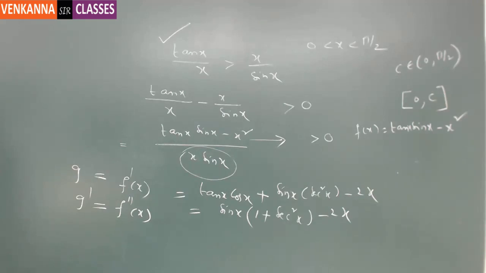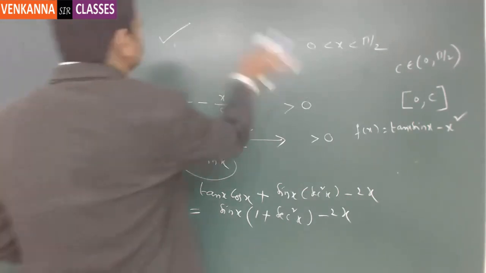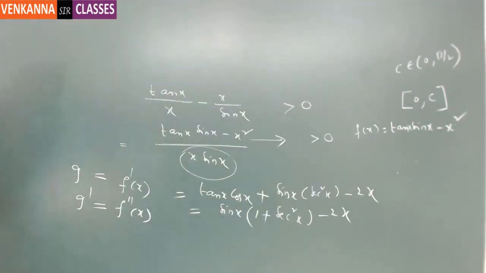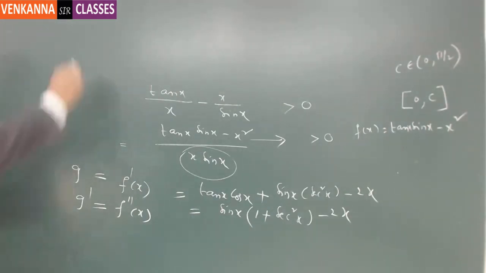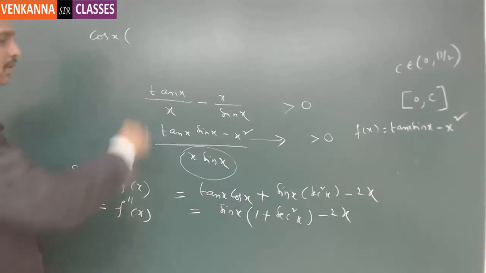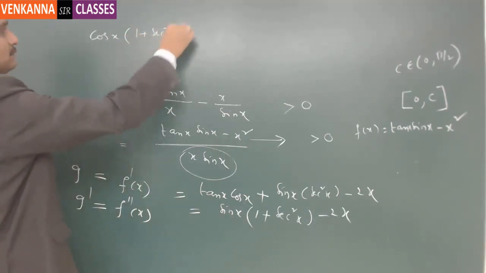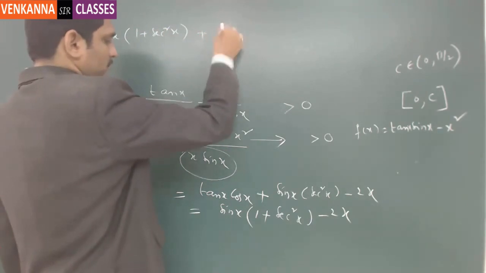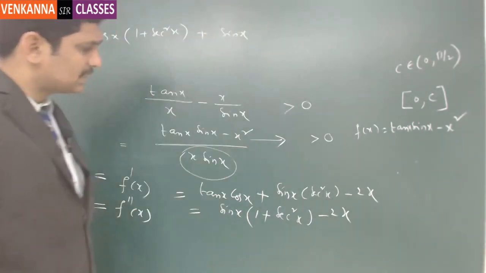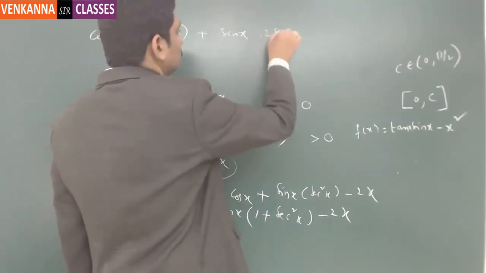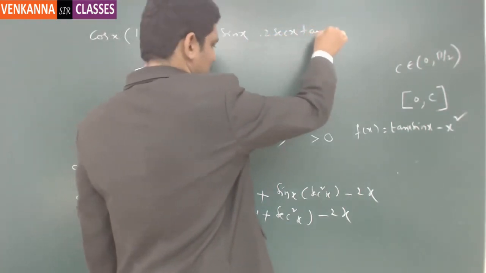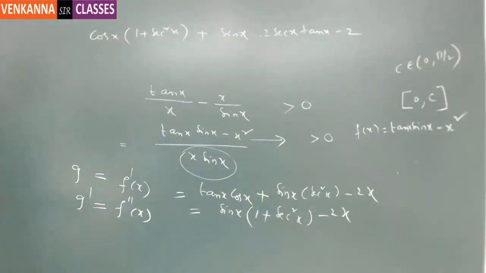So if you calculate the value, you are going to get cos x into 1 plus secant square x plus sin x into 2 secant x into tan x, minus 2 secant square x.